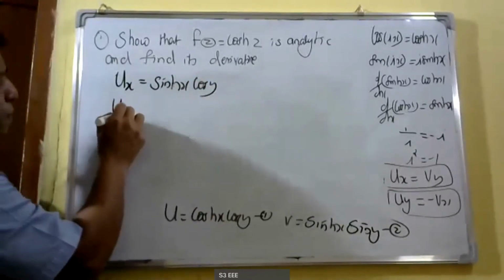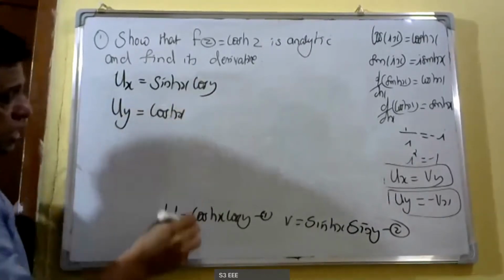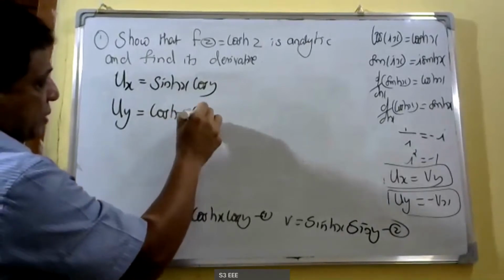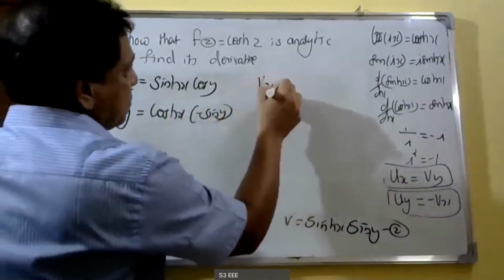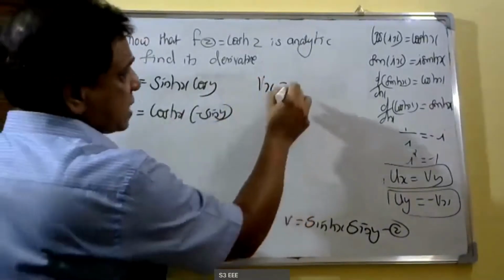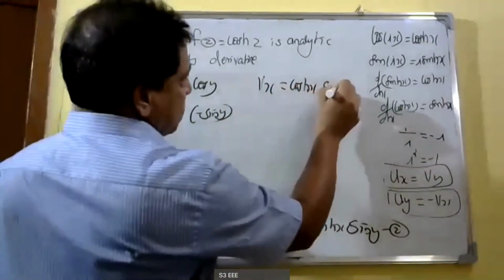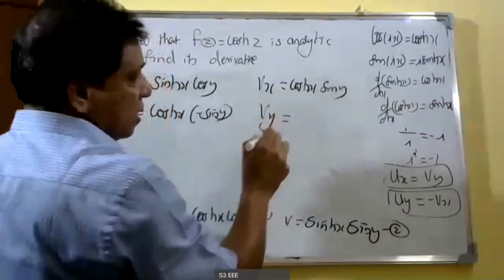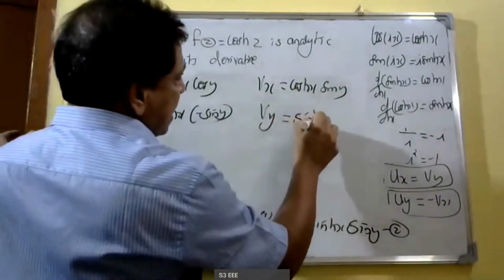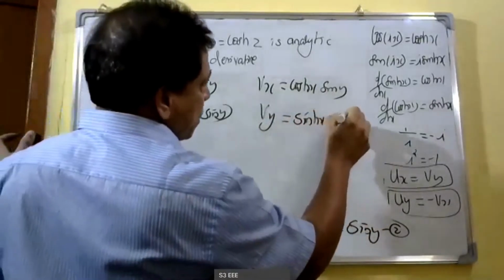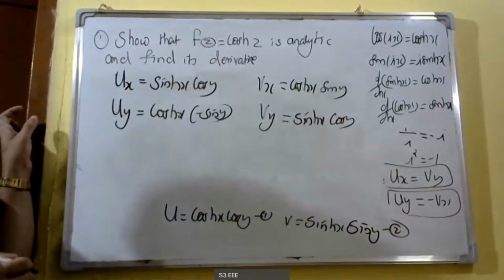Then again we differentiate partially with respect to y: uy = cosh x (-sin y), with cosh x constant. Similarly, vx = cosh x sin y, and vy = sinh x cos y. That is the partial differentiation of ux, uy, vx and vy.